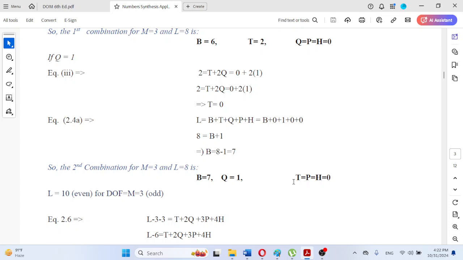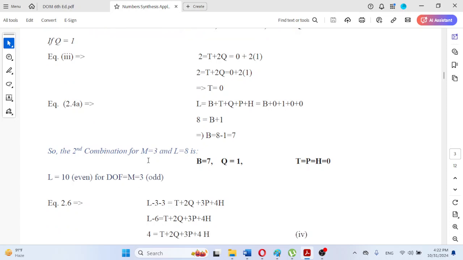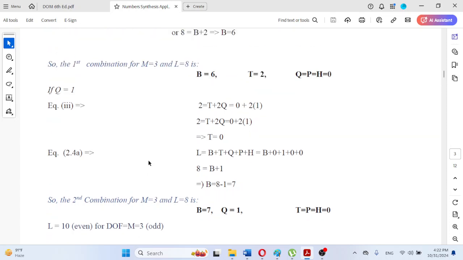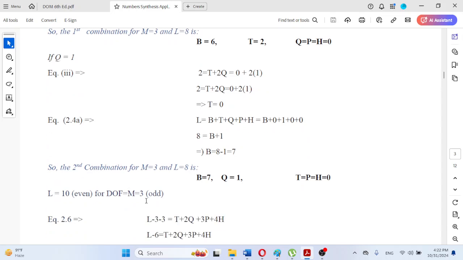So none of them can exist in the linkage if there are a total of 8 links and a 3 DOF mechanism is to be designed. So in this way, L is equal to 8 can give only 2 combinations for 3 DOF.